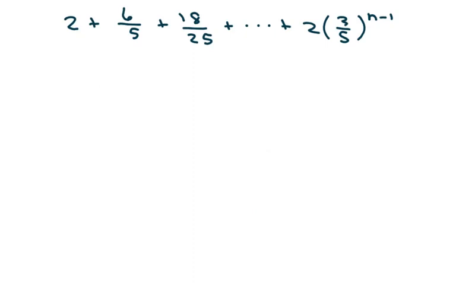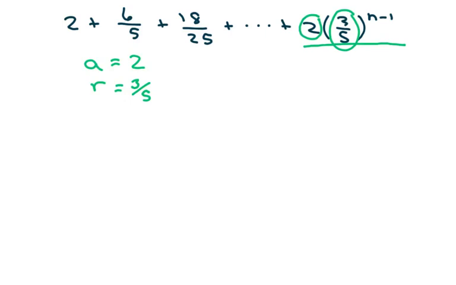And the last one, we look at this, so you don't have to divide all this out. We can see that my first term is 2. My common ratio is 3/5. So you can look at that and just pull it out from there.